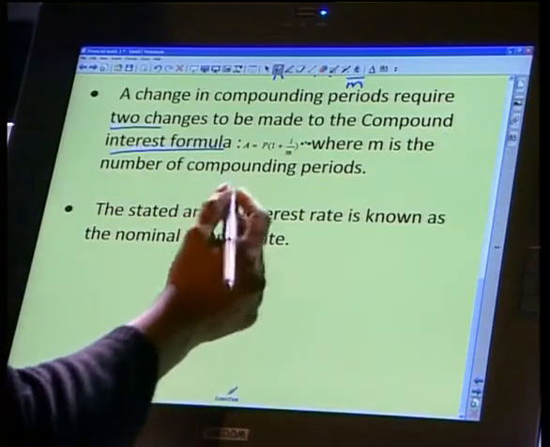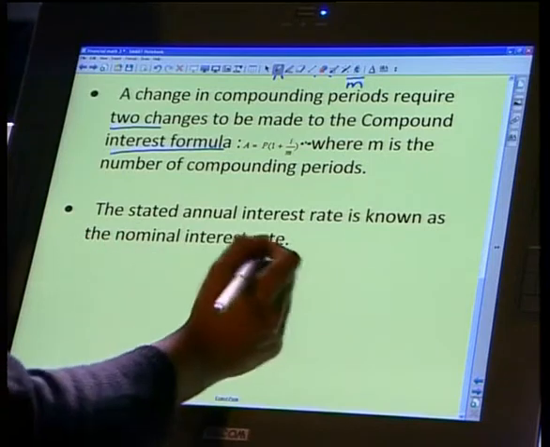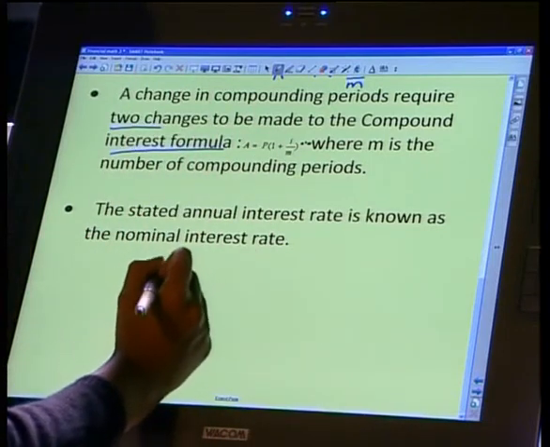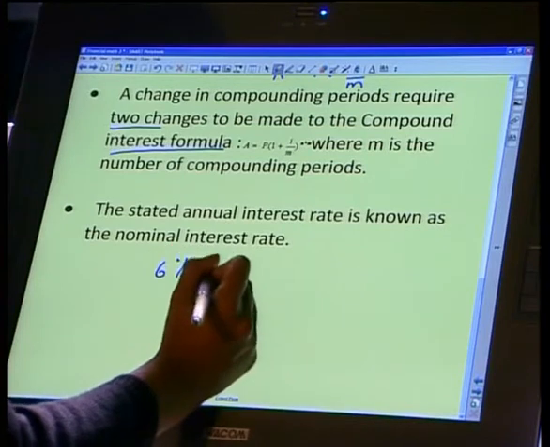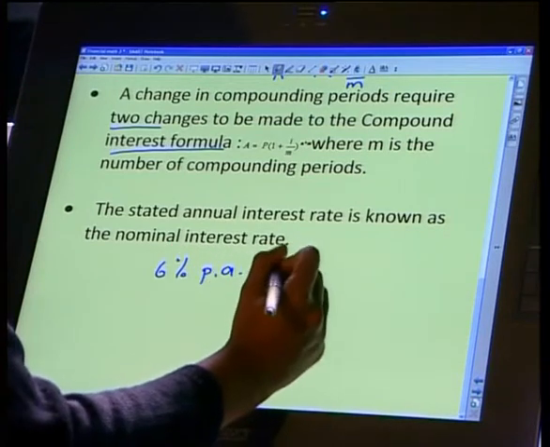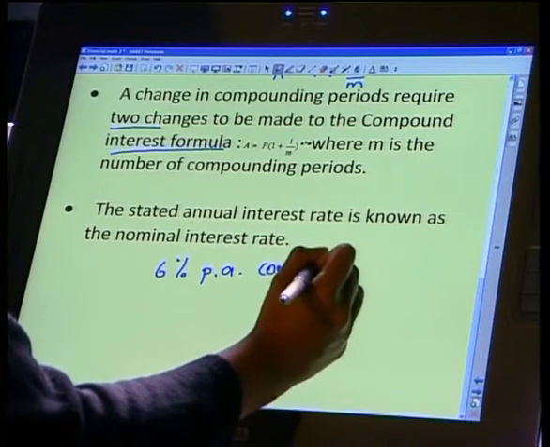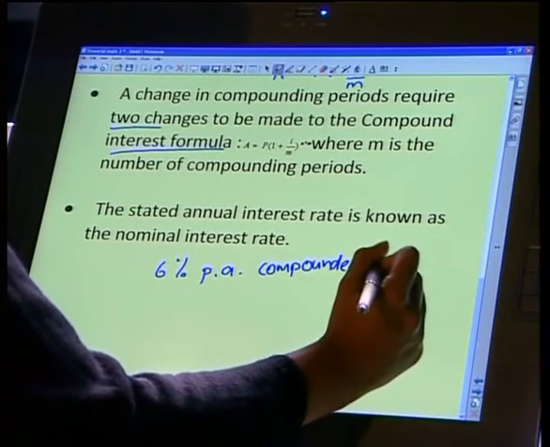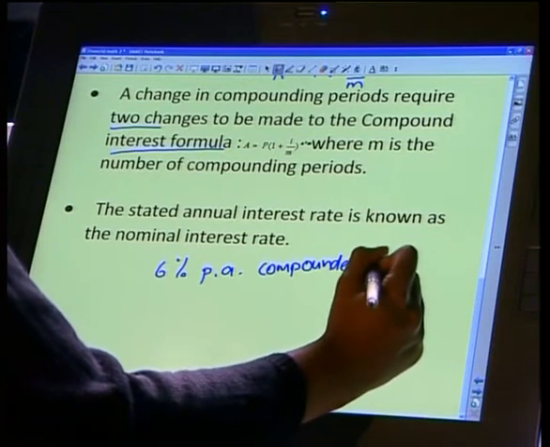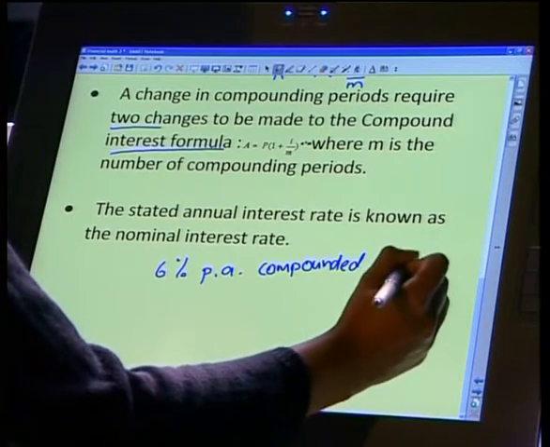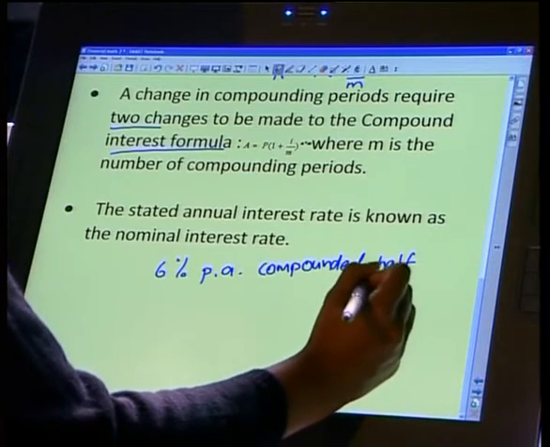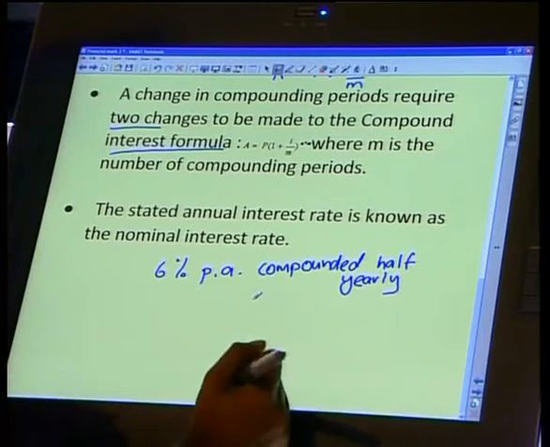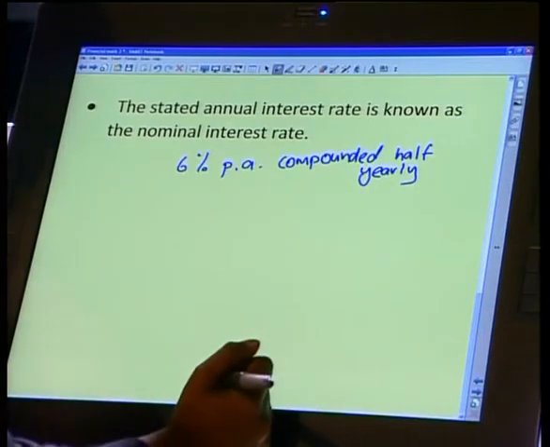The stated or annual interest rate is known as the nominal interest rate. So if, for example, they say 6% per annum compounded semi-annually or half-yearly, this will then be an example of a stated or a nominal interest rate.